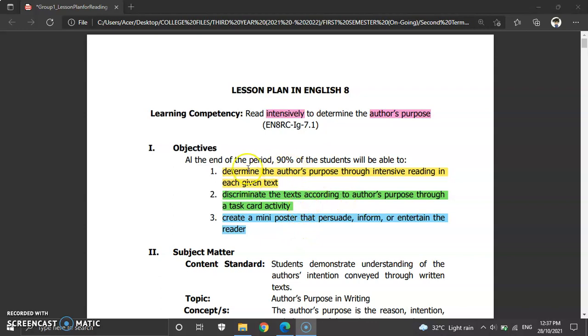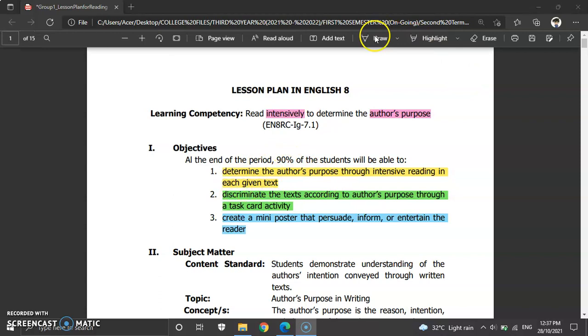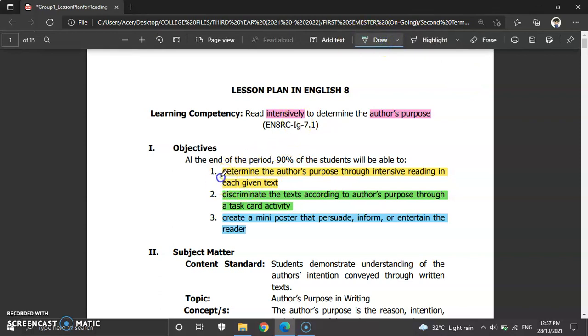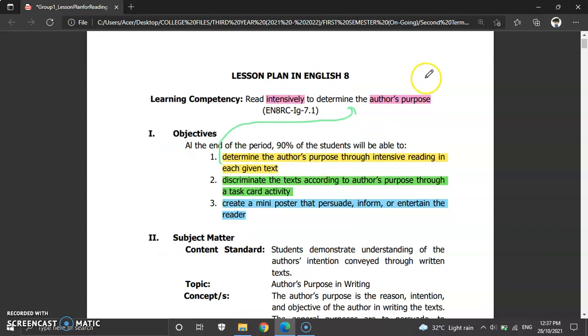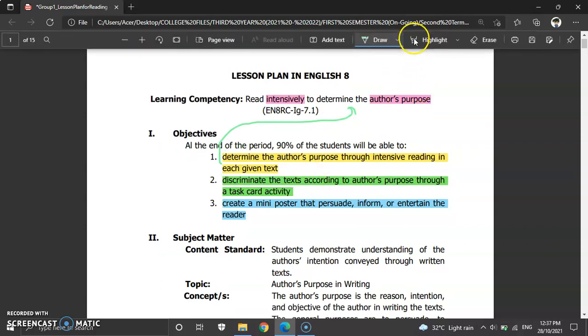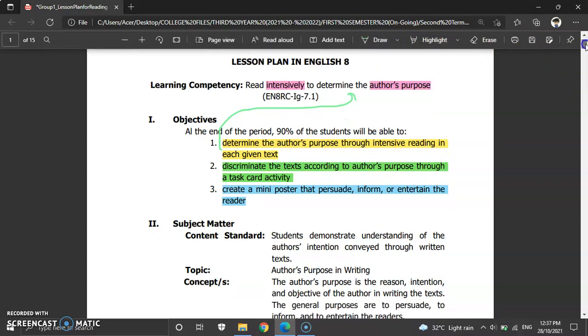The first objective already covers our learning competency, which is to determine the author's purpose, so the competency is achieved. Let us see if these objectives will be achieved in our teaching and learning activity. I labeled the first objective as the yellow one.